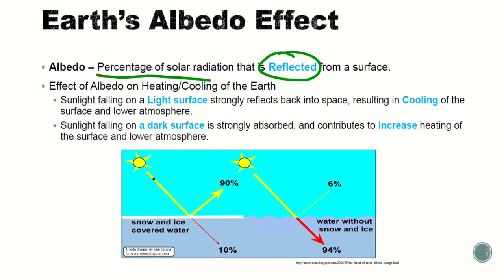Same general premise here is sunlight that is falling to a lighter surface has a much greater reflection off that surface in comparison to how much is being absorbed. Sunlight falling to a darker surface, a lot more is being absorbed in comparison to what is being reflected as a result.